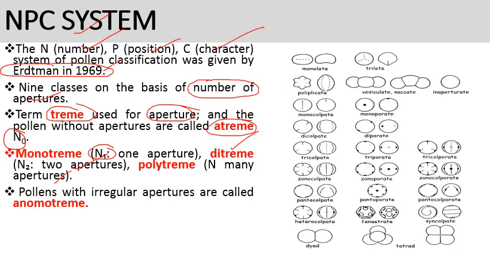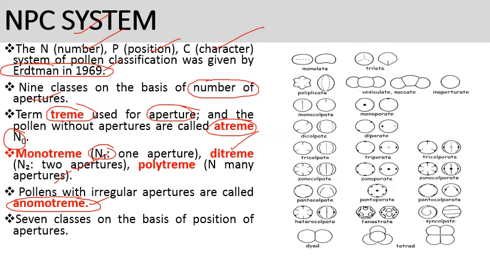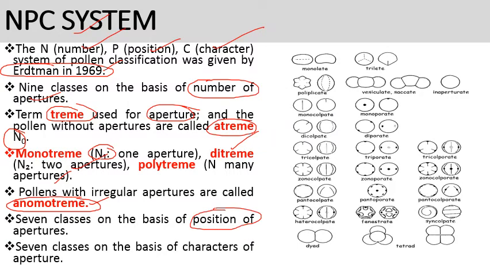Pollen with irregular apertures is called anomotreme. Then we have 7 classes on the basis of position of apertures and 7 classes on the basis of character of apertures. I will not go into the detail of these classifications. So this is a brief idea of NPC, the system of pollen classification.